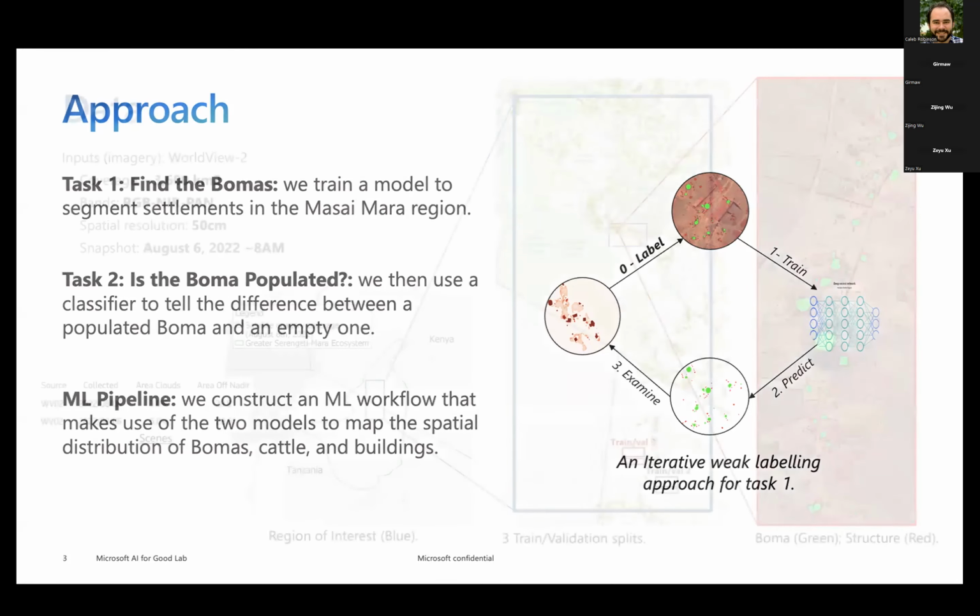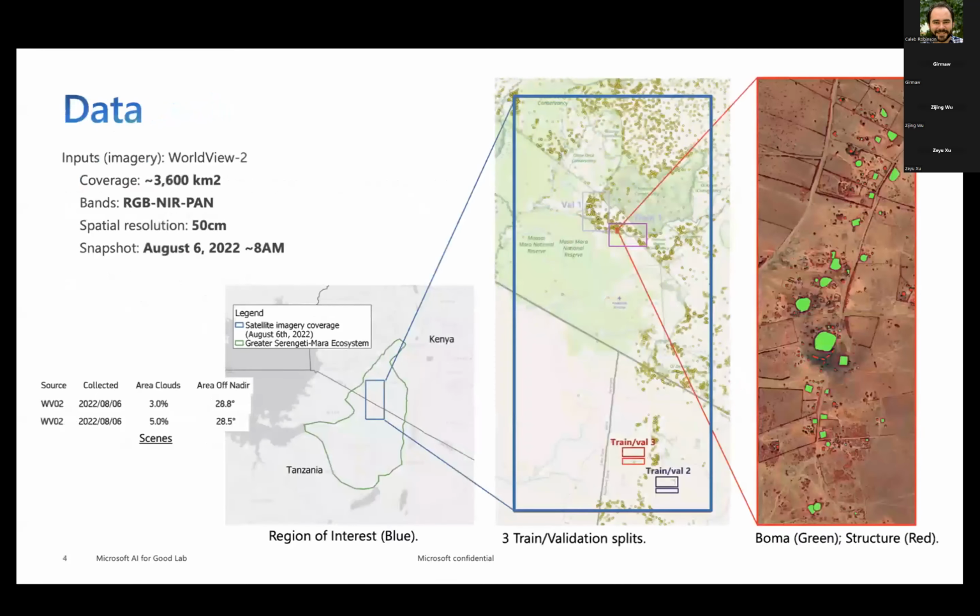An overview of the data set. As I mentioned, we consider a single image. It's comprised of two scenes from WorldView-2. It covers 3,600 square kilometers. It is the region, the rectangle in blue, that you see on the map.